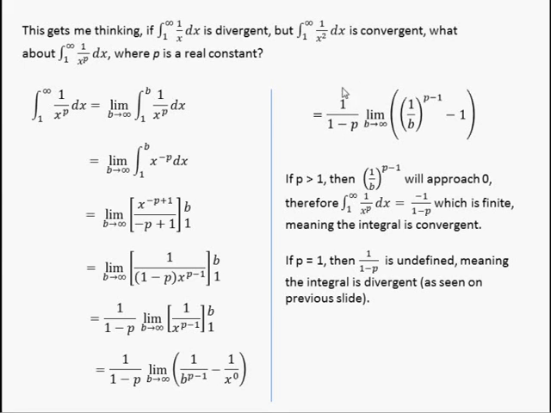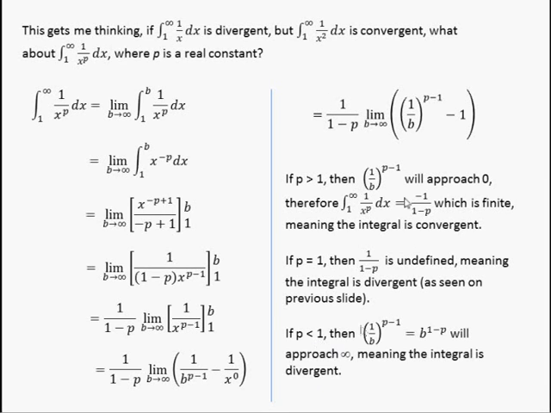You'll have undefined in your constant value at the front. If p is less than 1, then this power up here, p minus 1, is going to be a negative value. And so instead of 1 over b to a negative value, you'll have b to a positive value. So you'll have infinity to some positive value, meaning it's infinity. So it'll be divergent.